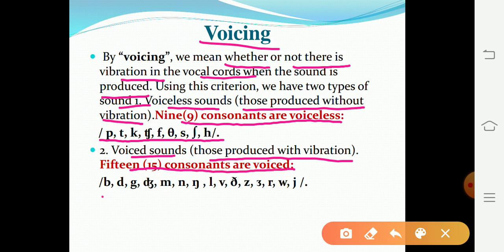You can have a look at the 15 consonant sounds: b, d, g, j, m, n, l, v, the voiced th, z, zh, r, w and y. I hope this is clear to you. This is the voicing status of consonant sounds. We have to remember that 9 of the consonants are voiceless and 15 are voiced.